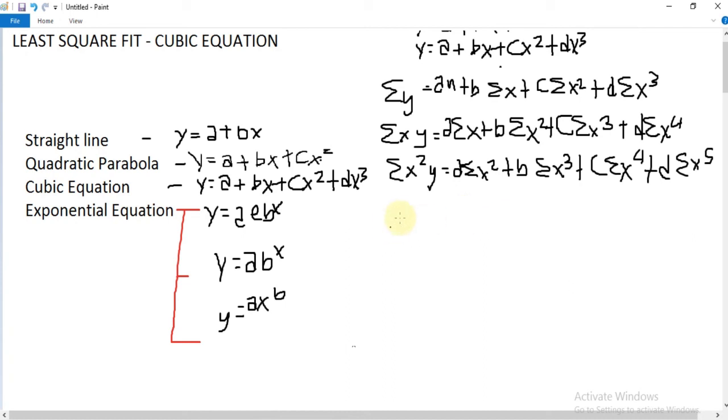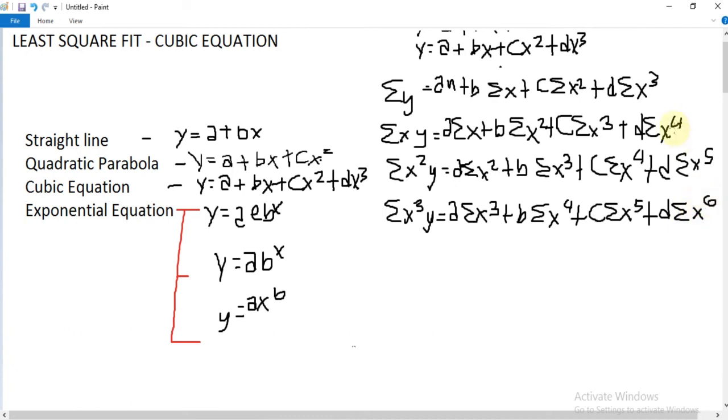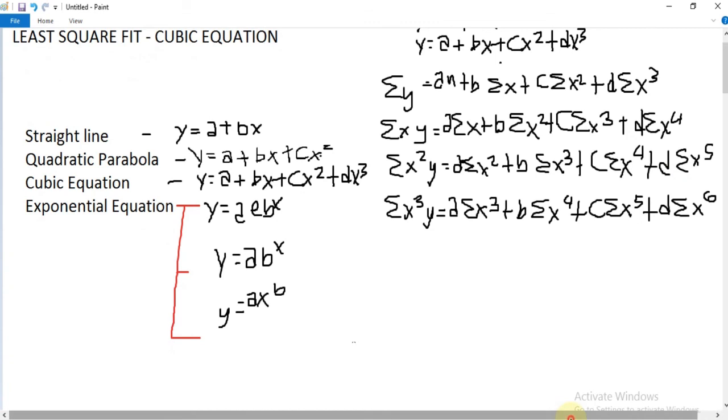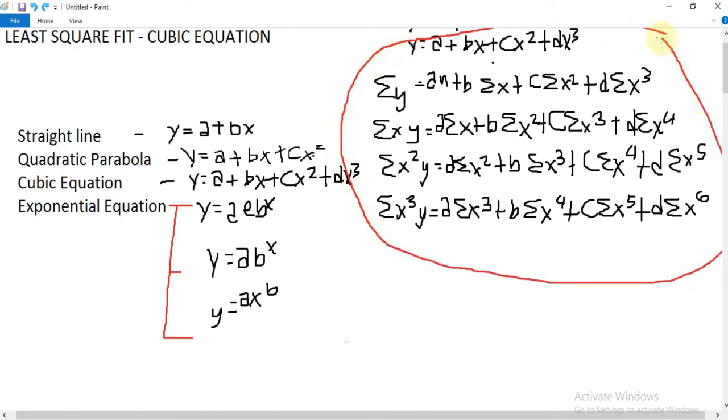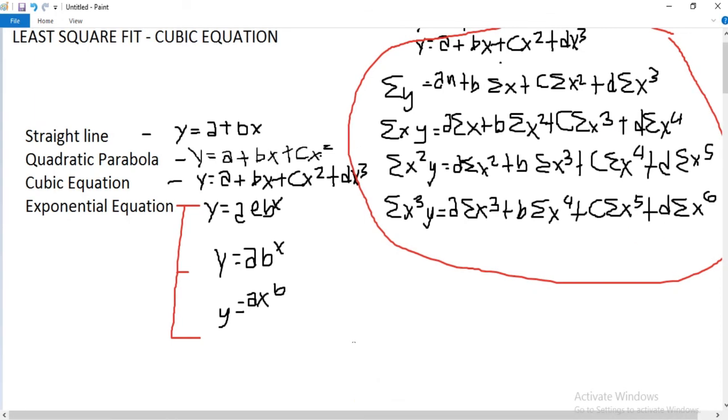And the last one, summation of x cubed y equals a summation of x cubed plus b summation of x to the fourth plus c summation of x to the fifth power plus d summation of x to the sixth. We will use these equations to solve the problem using the cubic equation, and apply them to problem number 1.